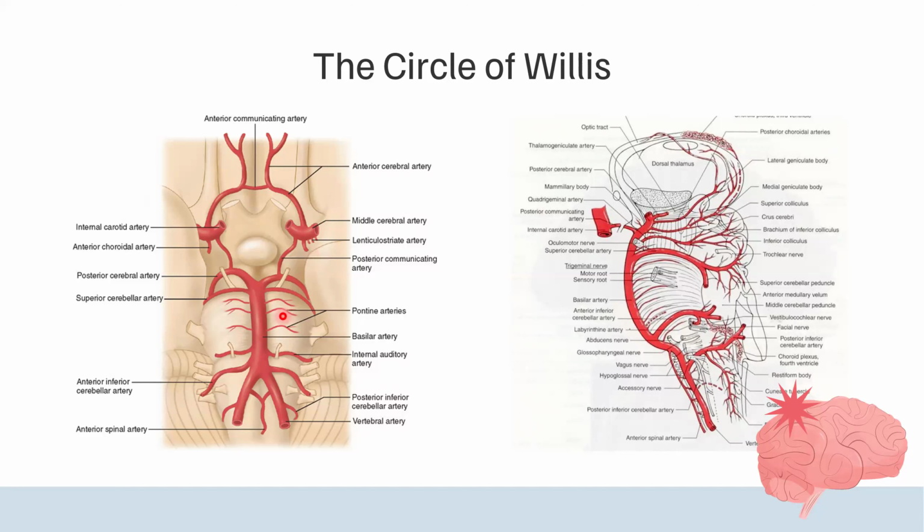But I just want you guys to know, once again, you have two vertebral arteries. Before they join together, they will each contribute to a single spinal artery, which is the anterior spinal artery. And then they will each give a single branch to the inferior portion of the cerebellum known as the posterior inferior cerebellar artery, or the PICA. Okay?